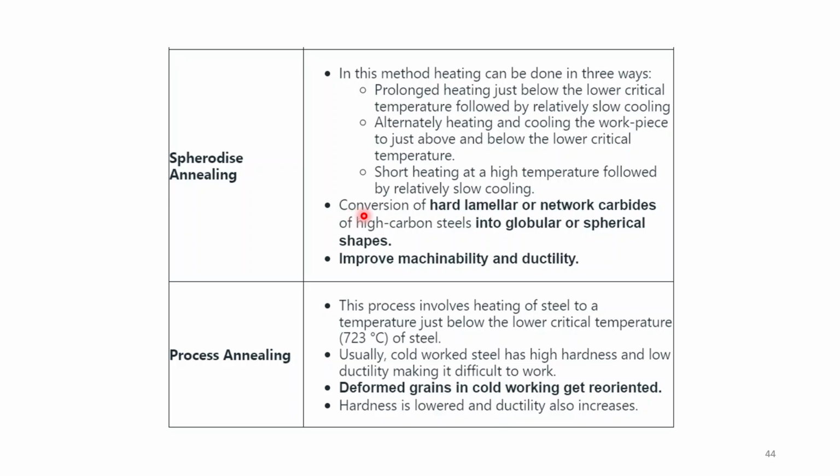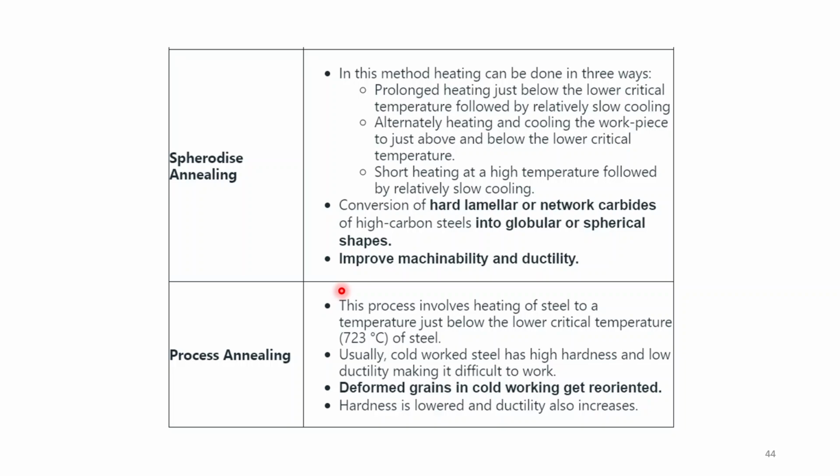It converts hard lamellar or network carbides of high carbon steels into globular or spherical shapes. It can improve machinability and ductility. So when the cementite is not in the form of lamellae but in the form of spheroids, then it will show improved machinability and also improved ductility.